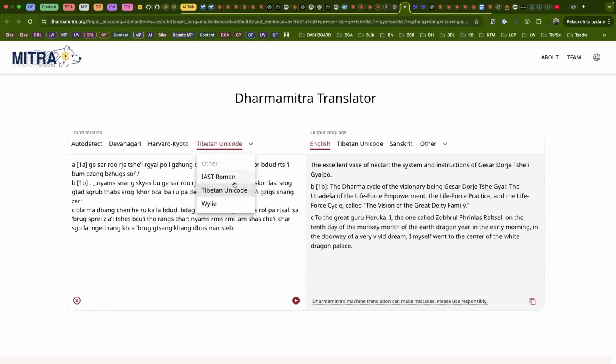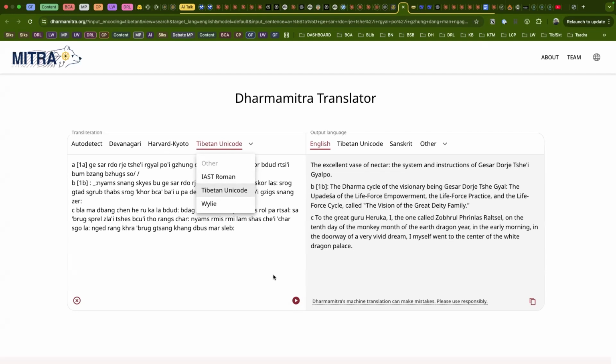So Sanskrit, I won't go into Sanskrit today, but it's really amazing too. There you also have, which is really very good, a choice of input formats for your source text. So if you have documents in the Harvard Kyoto transliteration scheme, you can still use them.